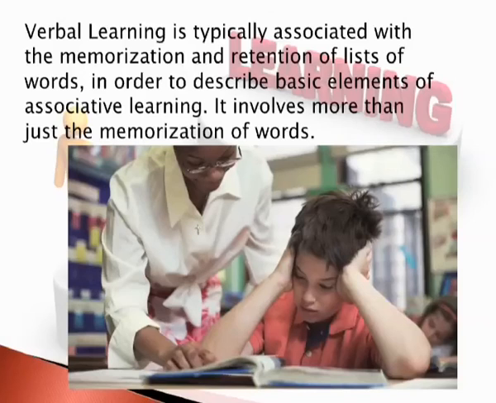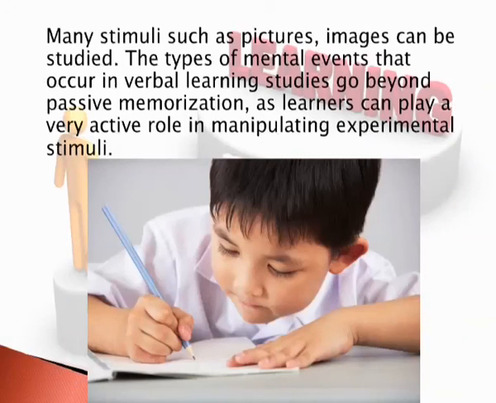Verbal learning is typically associated with the memorization and retention of lists of words in order to describe basic elements of associative learning. It involves more than just the memorization of words. Many stimuli such as pictures, images can be studied.